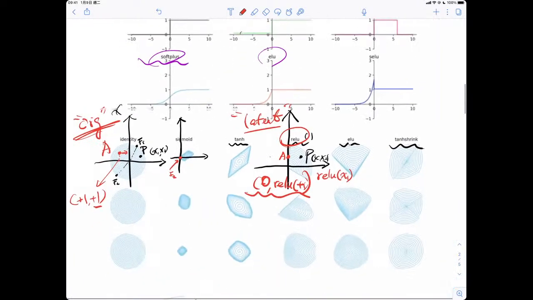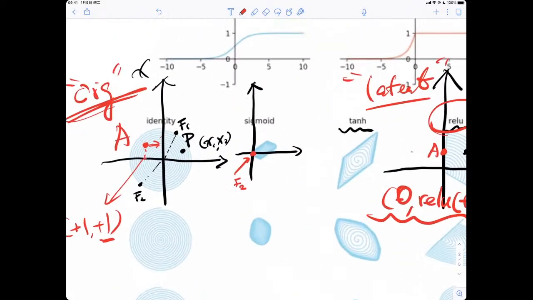So basically, if we visualize those activation functions, they tell us how we squeeze the original data distribution from the original space. Of course, this is only 2-dimensional. You can use very high dimensional data and then squeeze the data into a specific area.